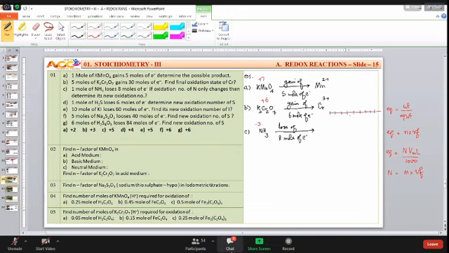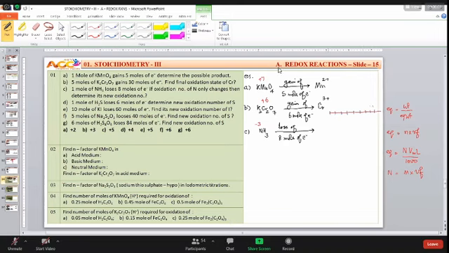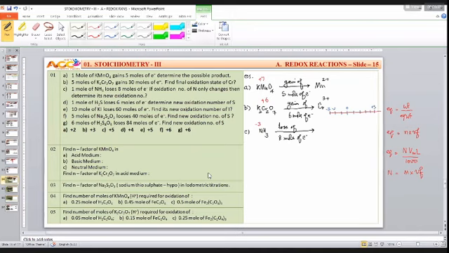So starting from -3 to -2, then 1, 2, 3, 4, 5, 6, 7, 8, I am going to the +5 oxidation state. This is -3, this is -2, -1, 0, +1, +2, +3, +4, +5. So what is the new oxidation state? The oxidation state of the new nitrogen formed in this case should be dash, +5.